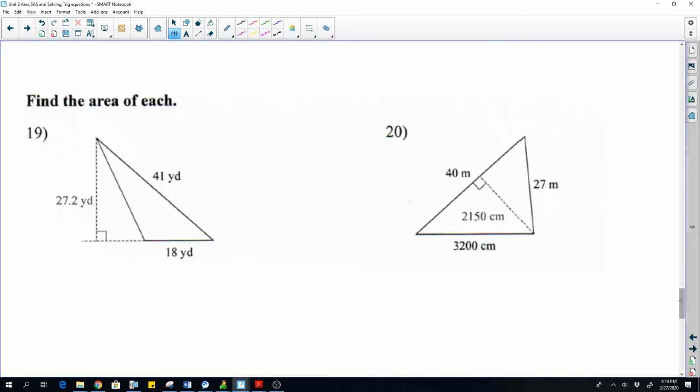So if this is 90 degrees, then maybe Bowen can help me on this one because I haven't actually done this assignment yet. So that's 90 degrees. We're just trying to do the area of a triangle. Okay, so then let's see here. We have this side and this side. So find the area of each.